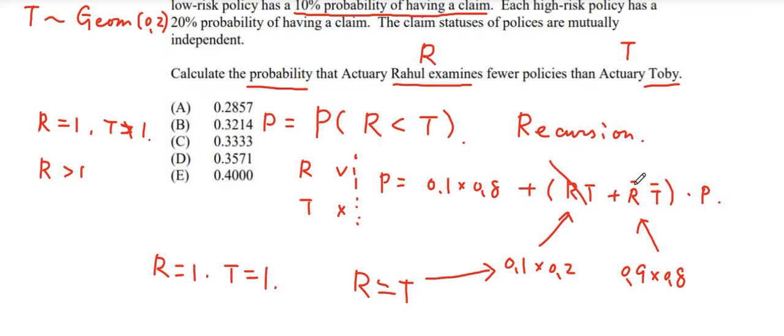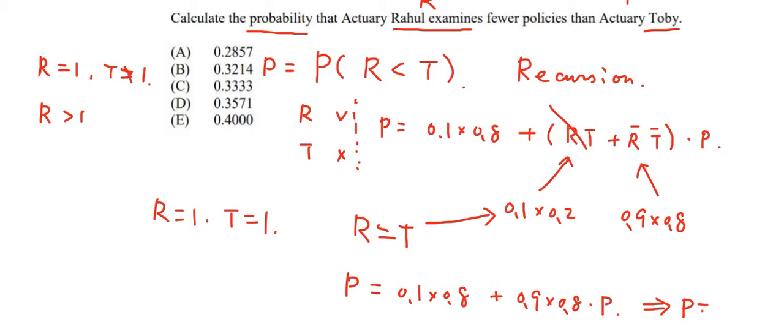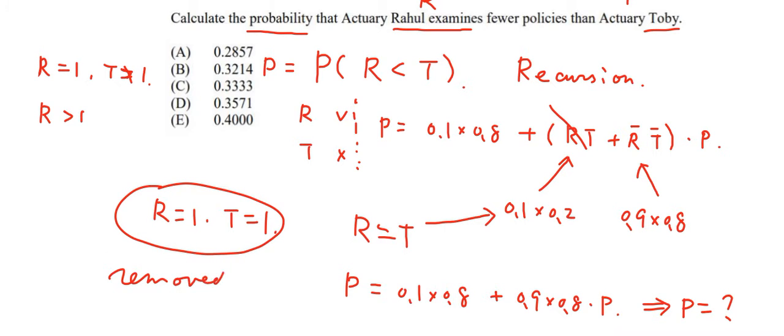So we find the P that satisfies this: this probability equals 0.1 times 0.8, plus only this part, 0.9 times 0.8 multiplied by P. Right? So we can find P. Typically this one is removed, not included.